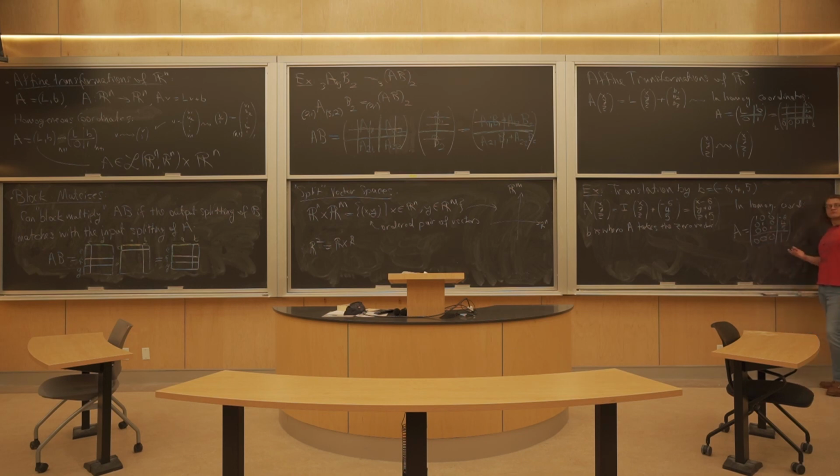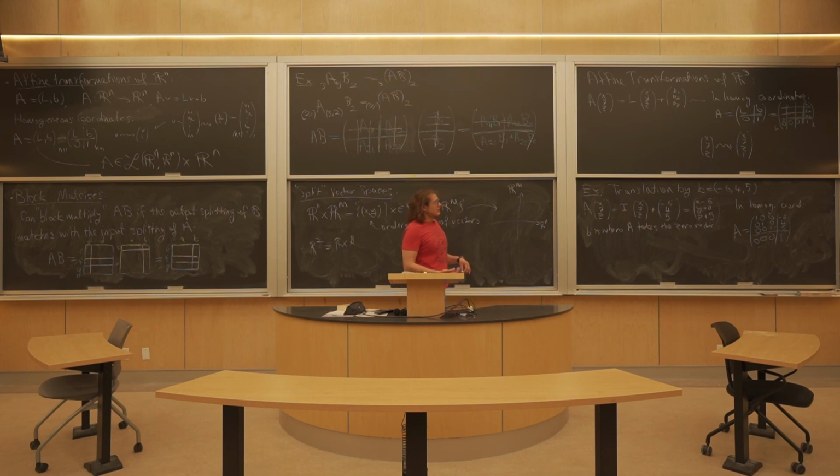Okay. Yes. So if we're not given an L, like when it says translate by whatever, do we just always assume it's identity? Yeah, so if it's just a translation, that means that there's no linear part. Well, if it's saying translate by this vector, that means that the linear part is identity.